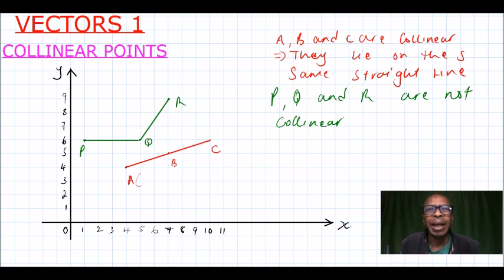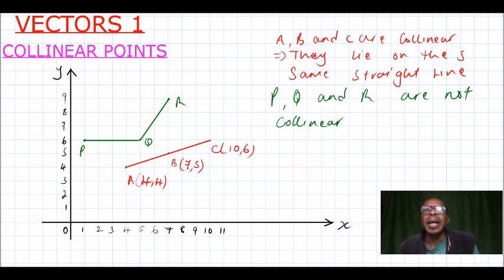The coordinates of A are 4 and 4. Then B is 7 and 5. C is 10 and 6. The y component is 6.